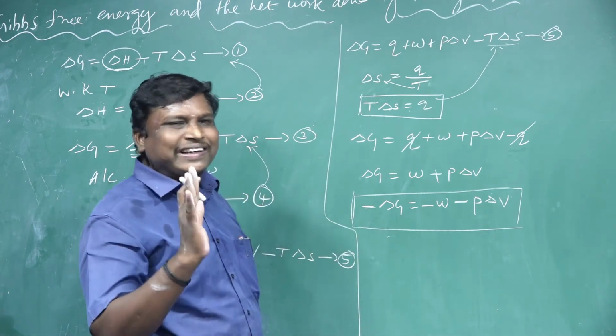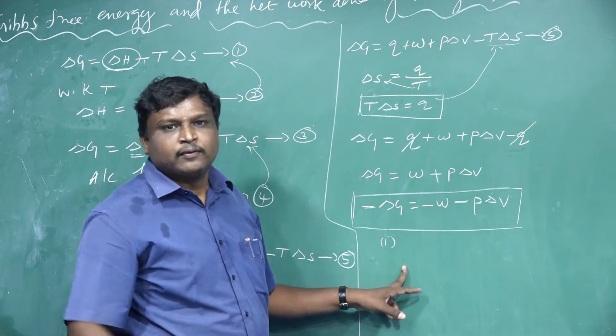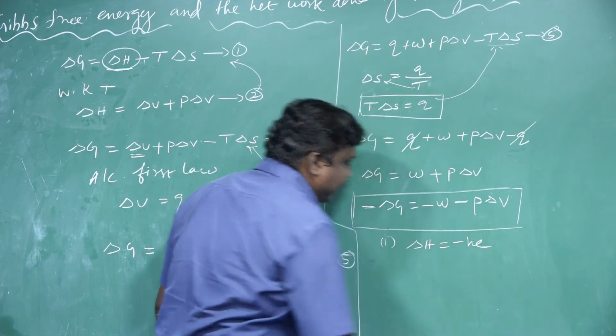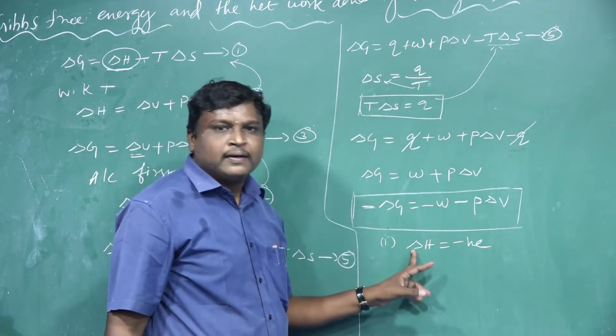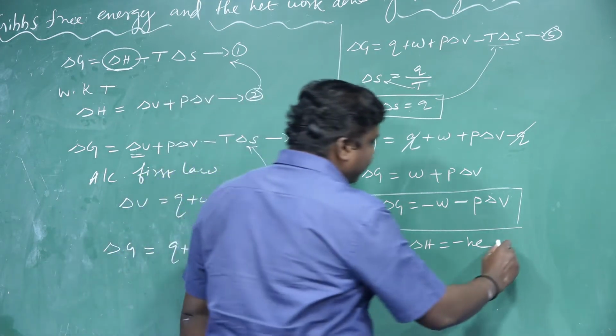Next, go to the criteria. What are the criteria for a spontaneity condition? First, point number 1, ΔH value negative. The change in enthalpy becomes negative, and the reaction becomes an exothermic process.